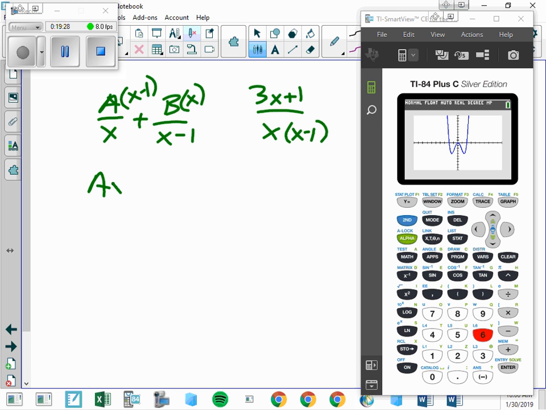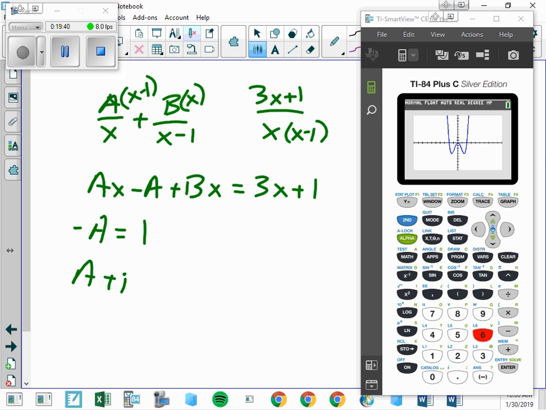So I get ax minus a plus bx is equal to 3x plus 1. So my first equation is negative a is equal to 1, and a plus b is equal to 3. You can plug this into your calculator, but in this case, we know that a equals negative 1. And then negative 1 plus b is 3, so b has to be 4.